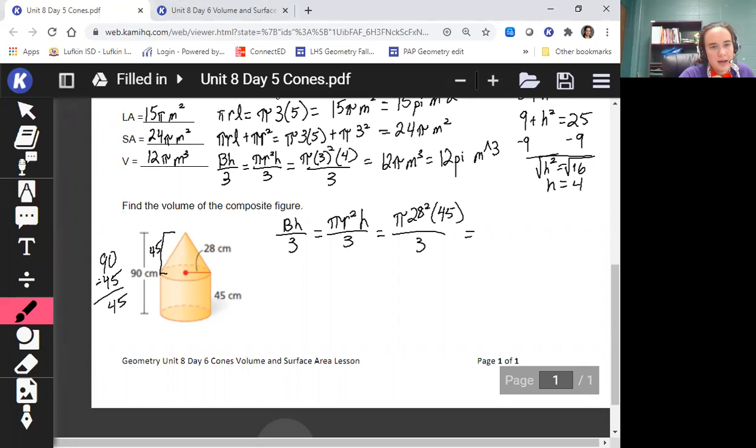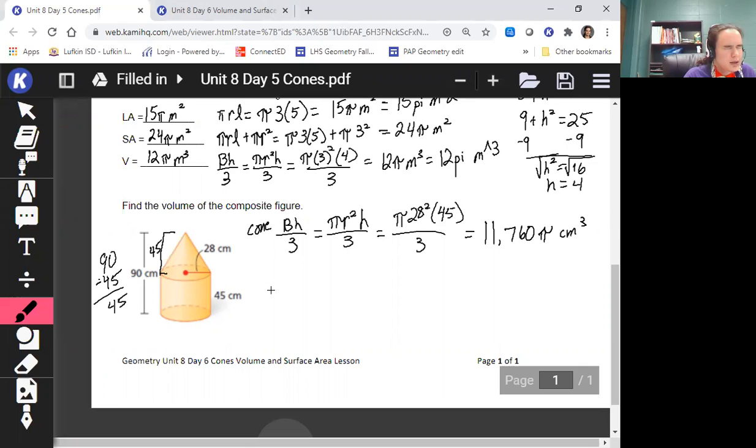Okay, and we get 11,760 pi centimeters cubed for that one. And that was for the cone.